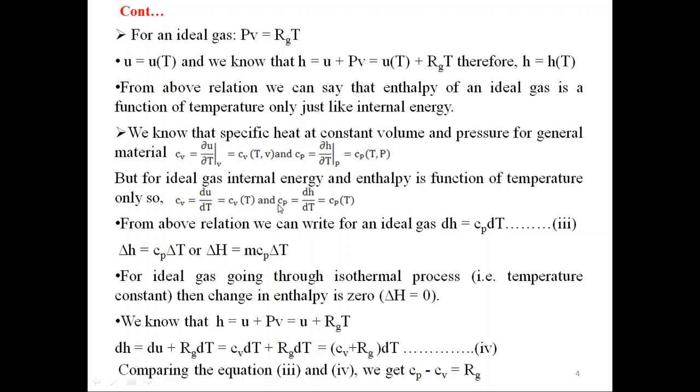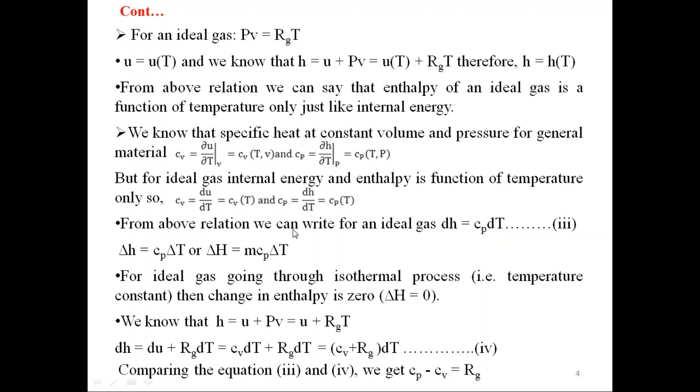Similarly, for Cp, as H is a function of temperature only for an ideal gas, we can replace the partial derivative with the total derivative. So Cp is equal to the total derivative of enthalpy with respect to temperature, and Cp will also be a function of temperature only for an ideal gas.